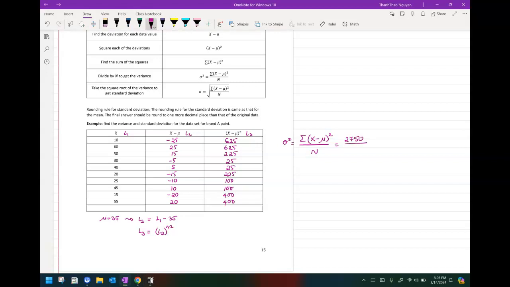And n is the number of data, so that's 10. So sigma squared is 275. So the variance is 275. The standard deviation is equal to the square root of 275, and that is 16.6.